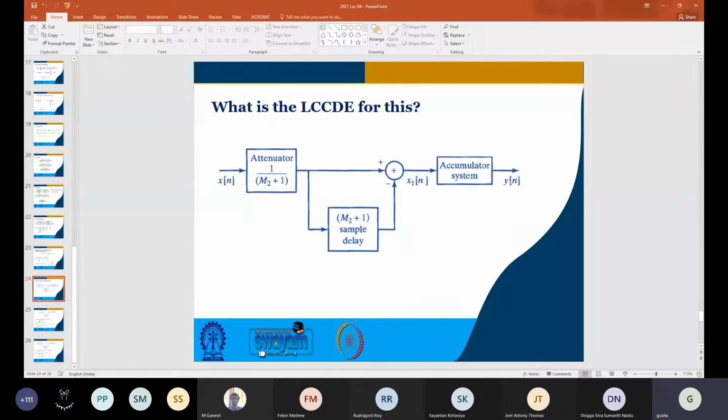If any of you find difficulty in appreciating this M2, M2 is an integer. You can write capital N or you can write 5, 6, 7. It is your choice, you visualize it in that manner. M2 is just an integer. Then how yn and xn are related.